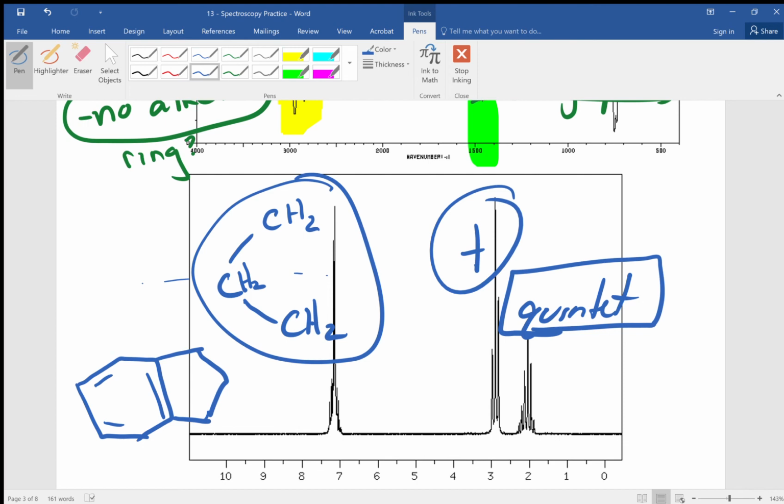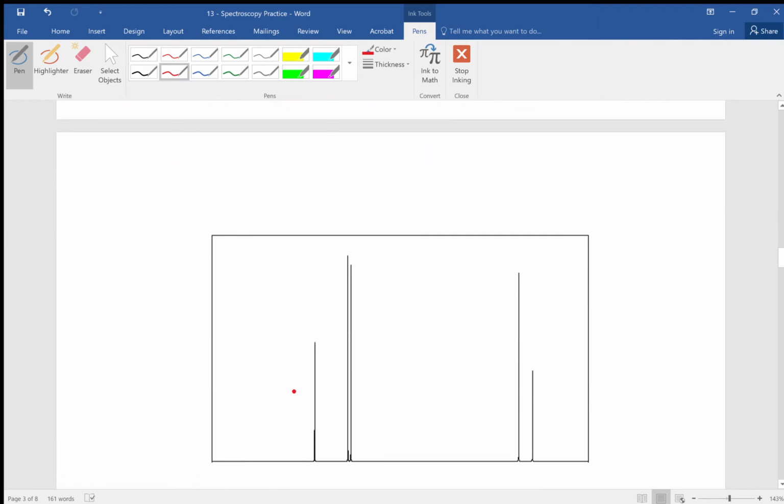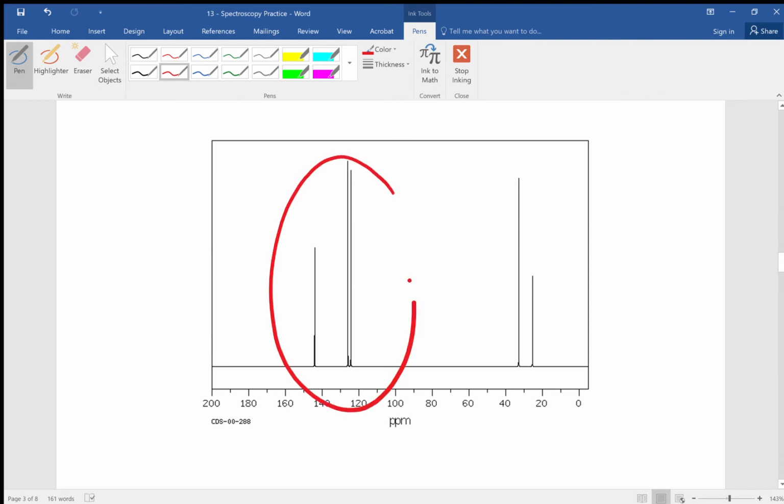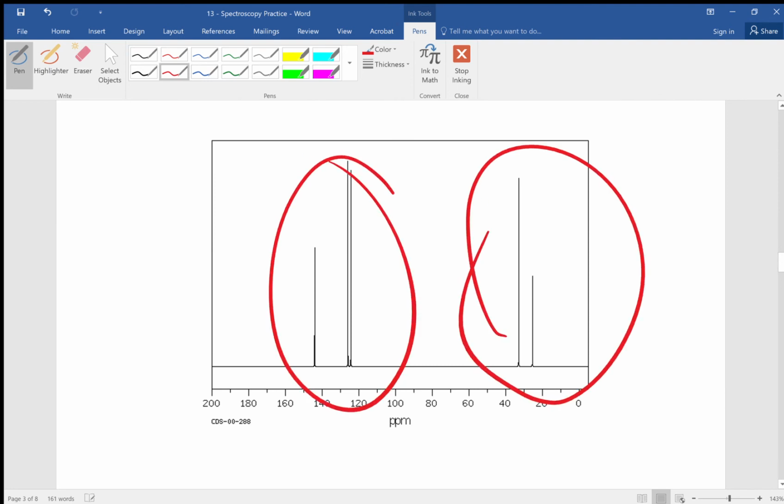Does it fit our carbon data? Well, for our carbon data, this molecule is completely symmetric. And so we would expect to see 3 aromatic carbons and 2 that are not. So spectroscopy, as we've said before, is about doing a puzzle.